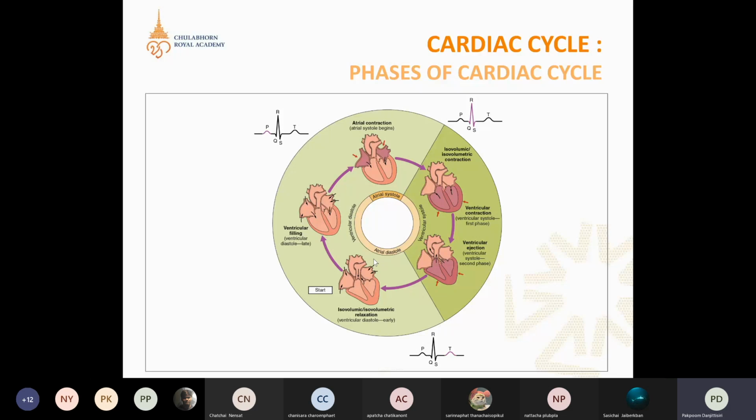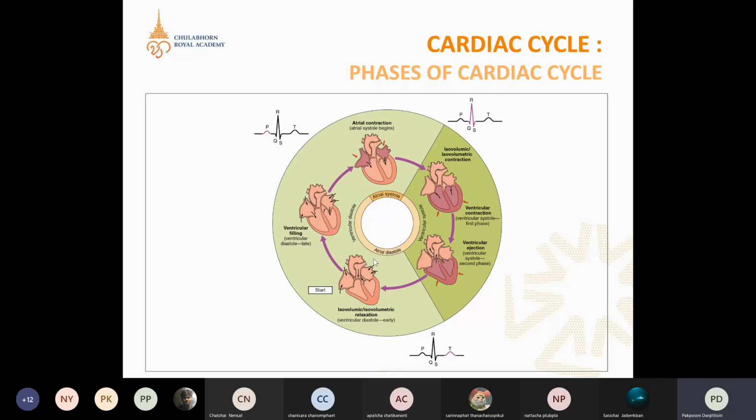So this is the end of the diastole phase of the heart.